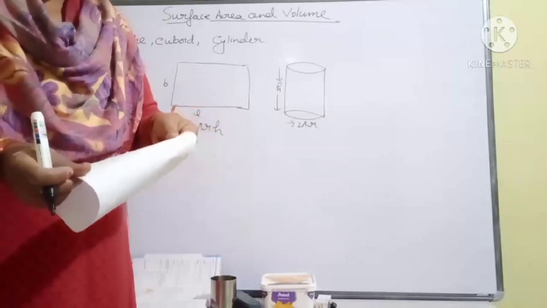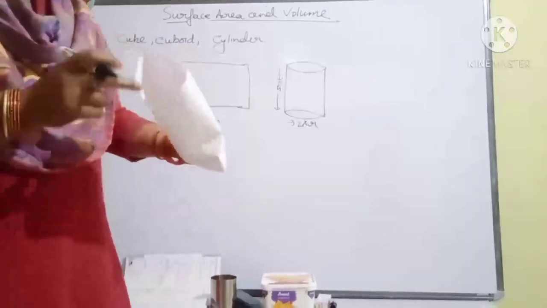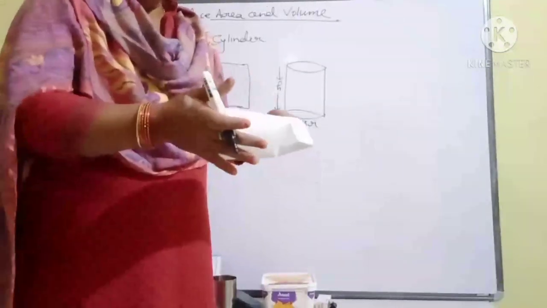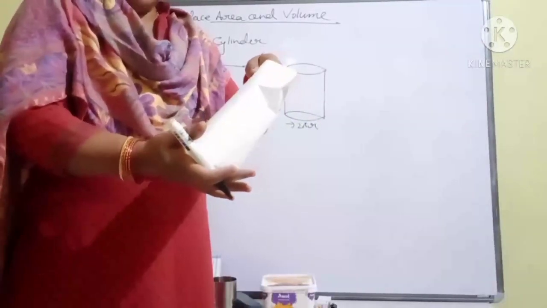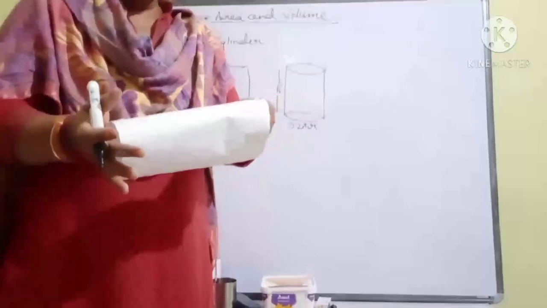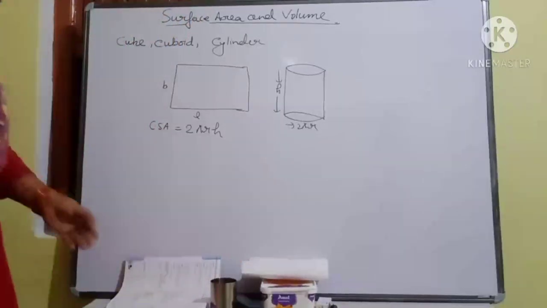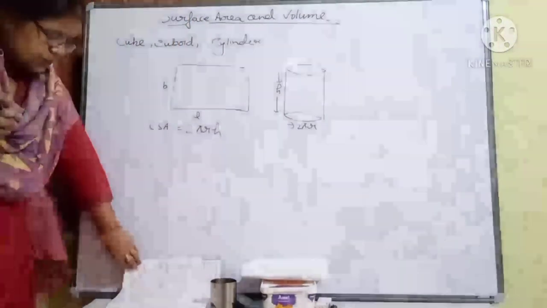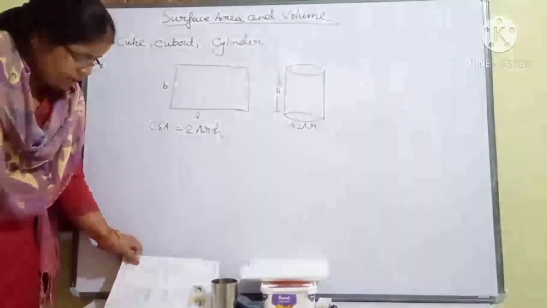So if we cut a circular paper and stick it here, it will be covered from both sides by its bases. At that time it will be an object which will have the bases also.